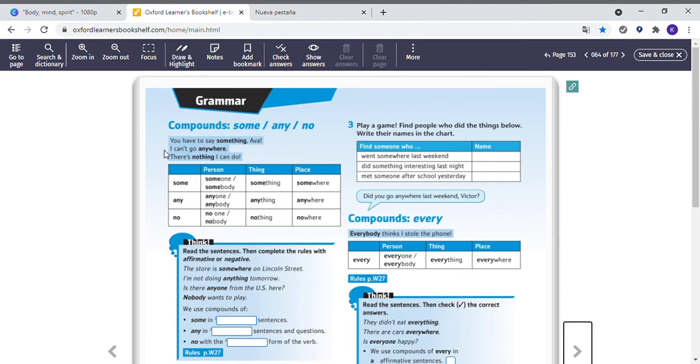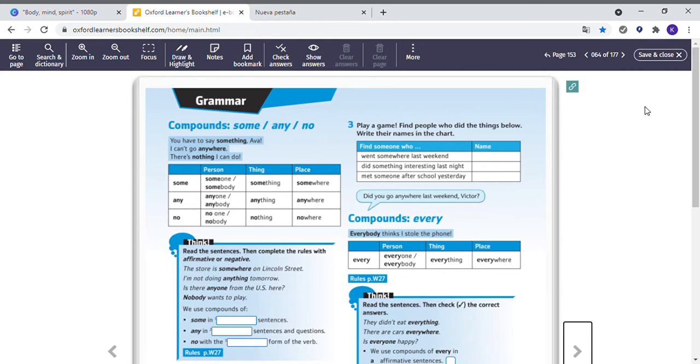For example, we're gonna use some just with affirmative sentences, right? We're gonna use any with questions and negative sentences, and we're gonna use no with affirmative sentences, but they have a negative meaning, right?